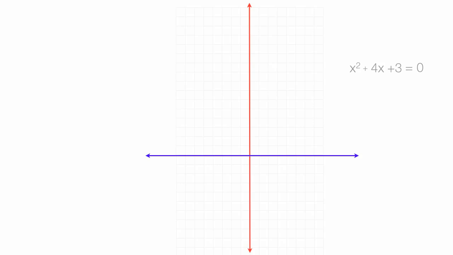Now let's imagine I have a different equation, x squared plus 4x plus 3. Again, the value in front of that x squared is 1. The graph looks like this, and the vertex is there, and there's some x, y value that represents that point. I divide 4 by 2, which is equal to 2. And this time it's a -2 because I'm on the left side of the y-axis, and notice that I have a plus sign in front of that 4.